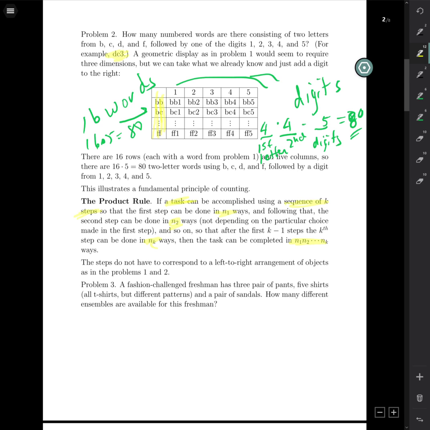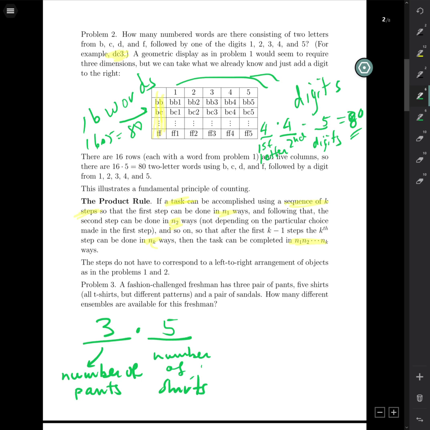So I'll write down a slot here for the number of pairs of pants, and that's 3. Times, for each pair of pants, there are 5 shirts available. This is the number of shirts. And then there's 1 pair of shoes. So the product of these tells us there are 15 different ensembles.